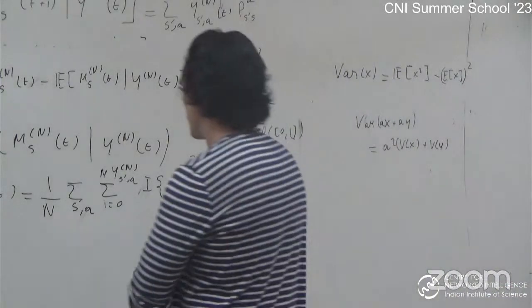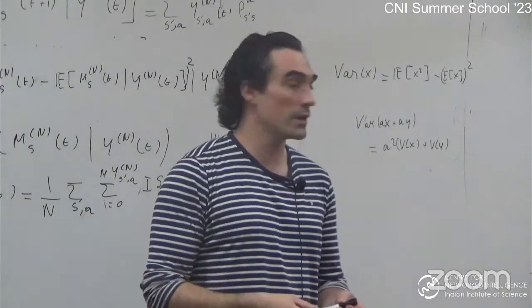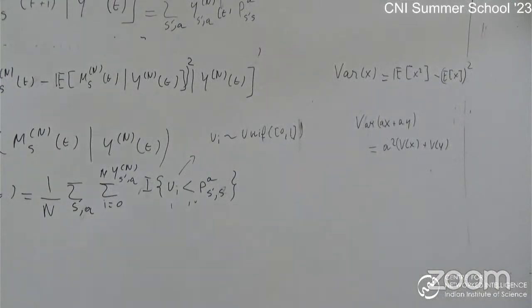It's simply equal to a squared variance of X plus b squared variance of Y. And the variance of the Bernoulli is just p, let's say that p is the probability of getting heads when flipping a coin, and 1 minus p is getting tails. Then the variance is p multiplied by 1 minus p.